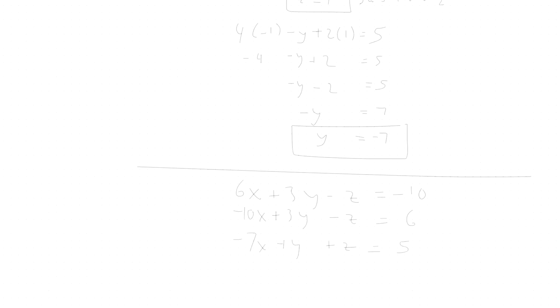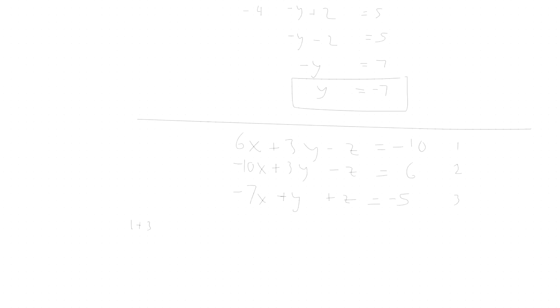First one is 6x plus 3y minus z equals -10. Yeah. Second, negative 10x plus 3y minus z equals 6. Yeah. Equation 3, negative 7x plus y plus z equals -5. Okay. All right, switch over to the whiteboard.